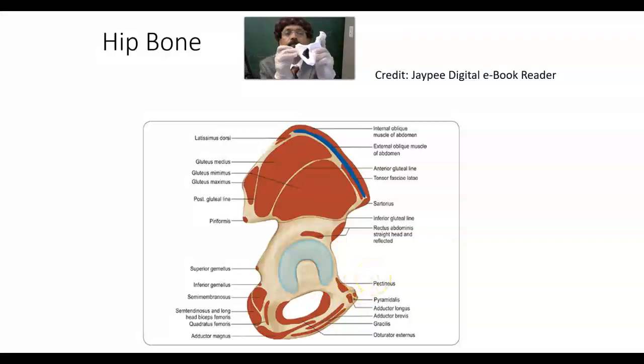And this body of the pubis is the site of origin of the adductor muscles of the thigh, like that of the adductor longus. We have the adductor brevis, and from the ischium we are getting the adductor magnus, extending to the ischiopubic rami.